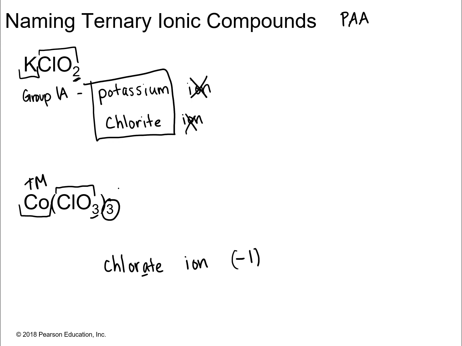However, there are 3 of them, which is what that 3 on the outside of the parentheses means. So that means our total negative charge is -3. In order for us to have a neutral compound, our total charge from the cation has to be +3.